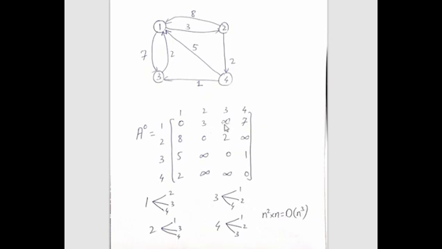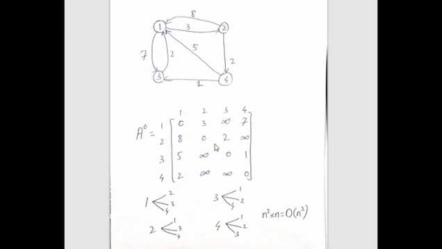So we have written infinity there. 1 to 4, there is no direct path from 1 to 4, so we have written infinity there. Again, same is the case with 2 to 1, the distance is 8, and in the same manner we have filled our matrix. So we have to solve this problem by taking some decisions.